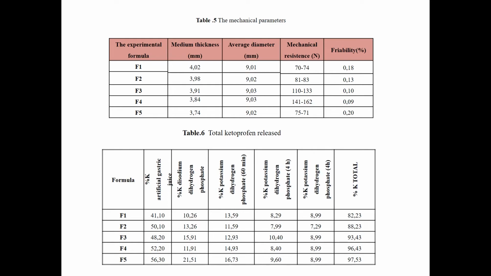In Table 6 are presented the percent of total ketoprofen release. The best properties of ketoprofen release are shown by the last formula, F5. In this case, the total amount of ketoprofen released is 97.53.